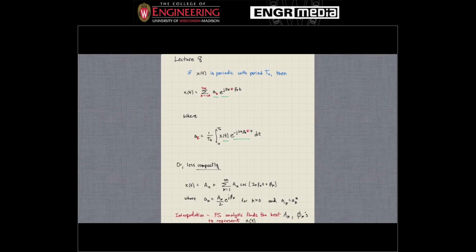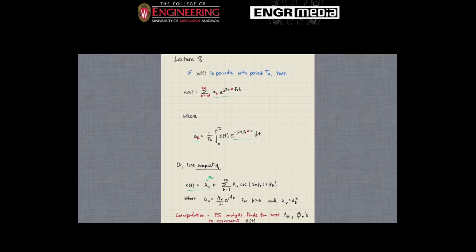It's simply the sum of a DC component, which corresponds to little a sub 0, so that's actually equal to a0, and then the sum over only the positive integers of this capital A k, where capital A k is a real number, times the cosine of 2 pi f naught k t plus some phase for that particular index k.